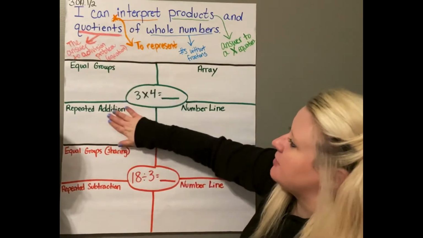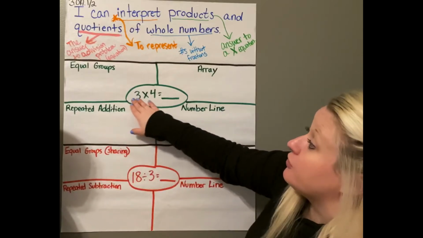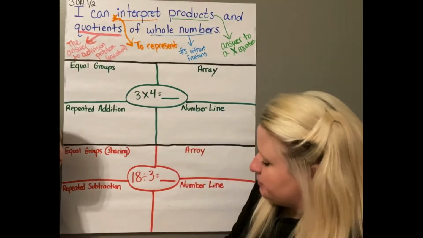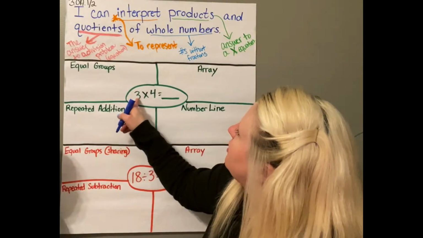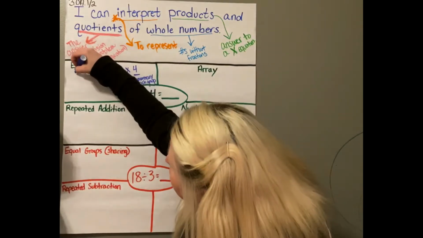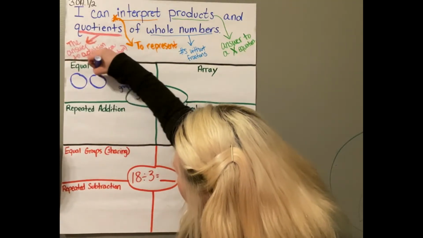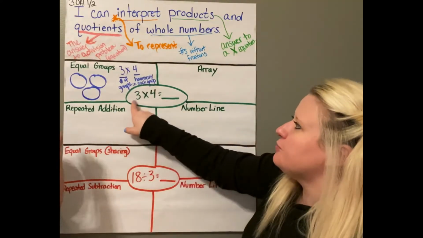And I have set this up to where you can see each strategy for both multiplication and division. So for multiplication with equal groups, that first number is always going to be your number of groups. First, drawing 3 groups, because I have three groups of 4.